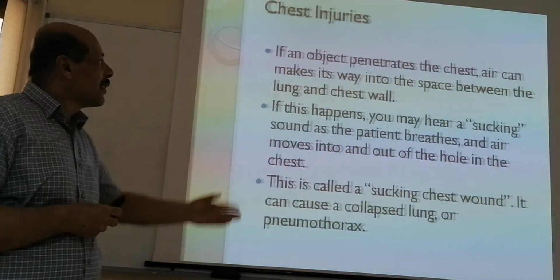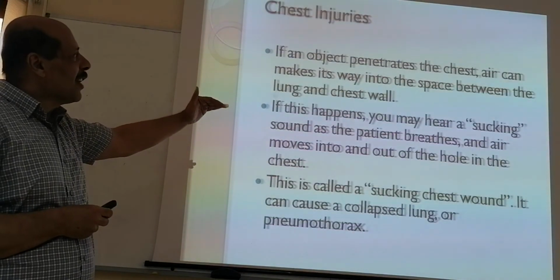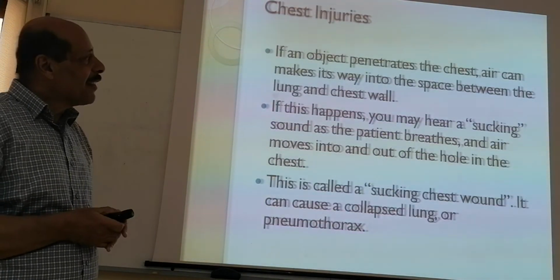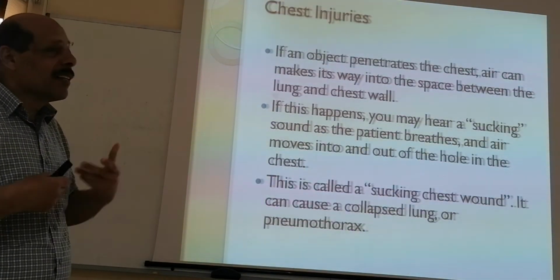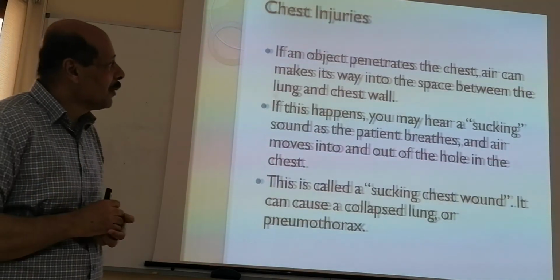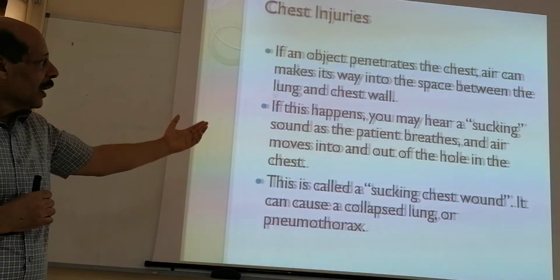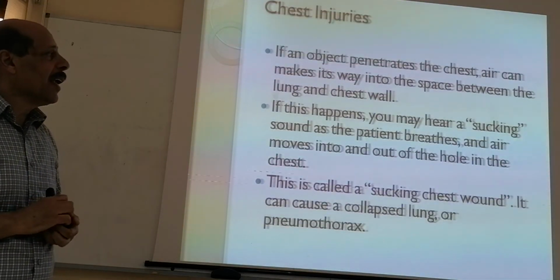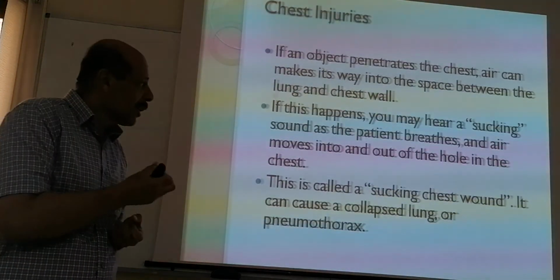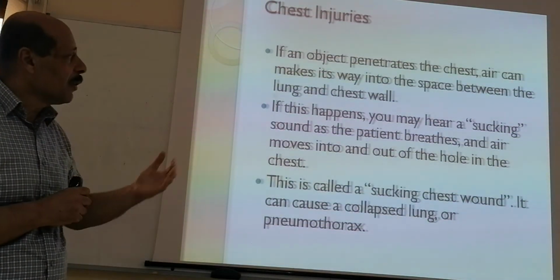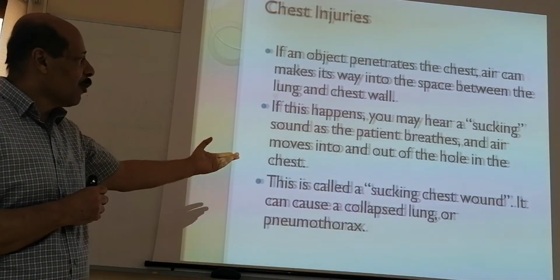The other thing is chest injury. If an object is penetrating the chest, air in this case can come into the space between the lung and the chest wall. If this happens, you may hear sometimes a sucking sound on the patient's chest or the air movement.